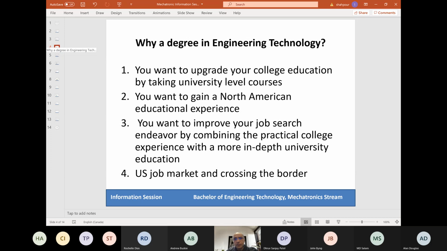There are many reasons that our students or applicants are looking for this type of engineering technology diploma. Some of our students are interested in getting their engineering diploma to have their university degree, and then possibly continue to their master's or PhD.